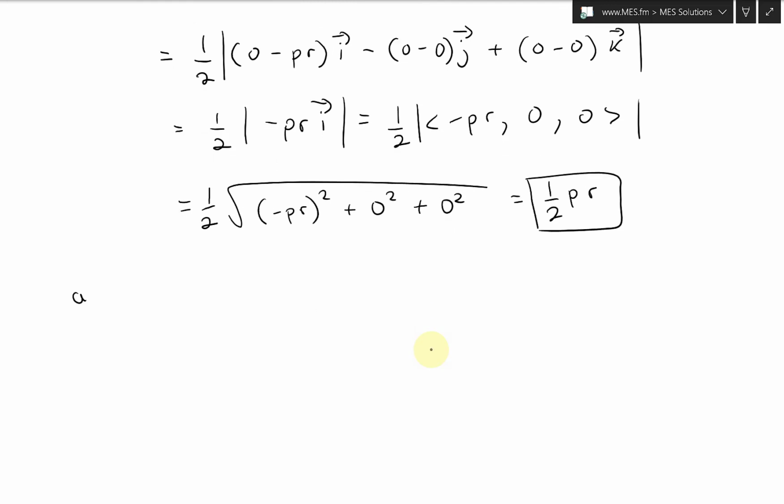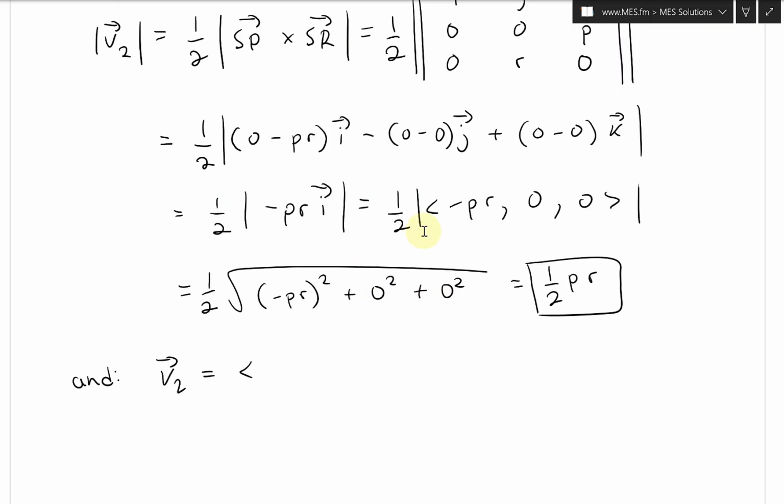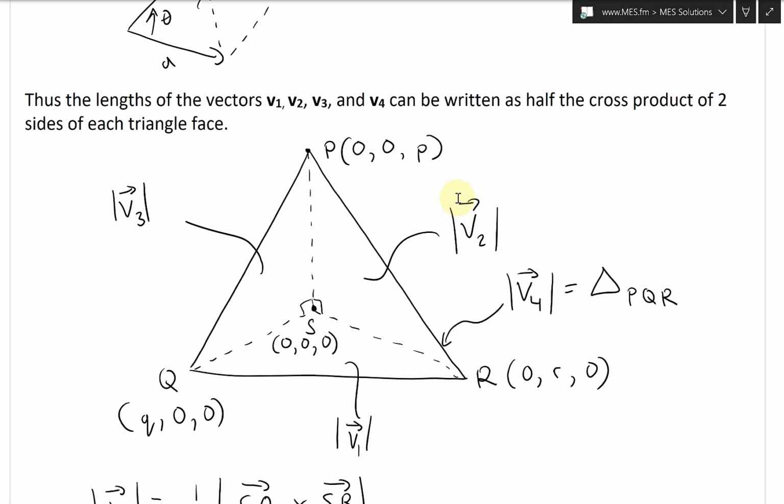And now the vector v2 is going to be equal to, let's take a look. Notice that the cross product only has the x component. If you look at the face right here, there's the area, and it's going to be perpendicular and pointing outwards. Perpendicular to it, it starts from the s value and goes directly opposite of q, this face, and this x-axis there.